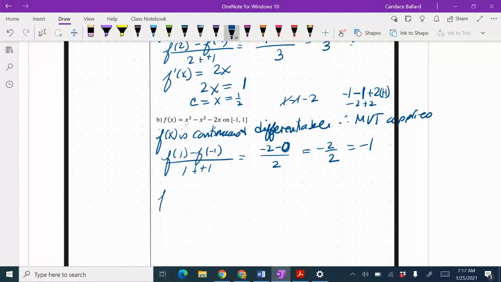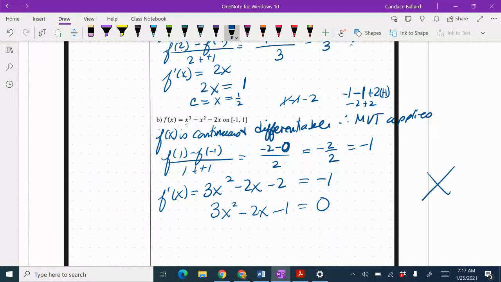So now I'm going to take the derivative. The derivative is 3x squared minus 2x minus 2. I'm going to set that equal to negative 1. So this is a quadratic, so I'm going to bring this over: 3x squared minus 2x, adding the 1, minus 1 equals 0. I'm going to start with a magic x.